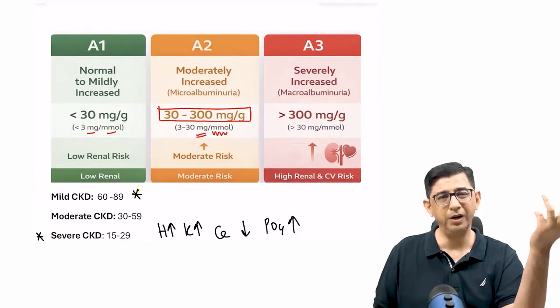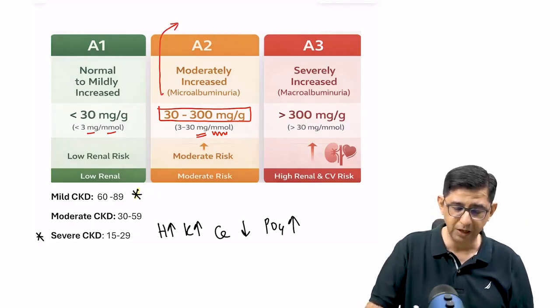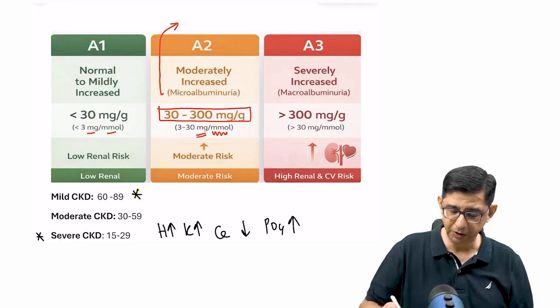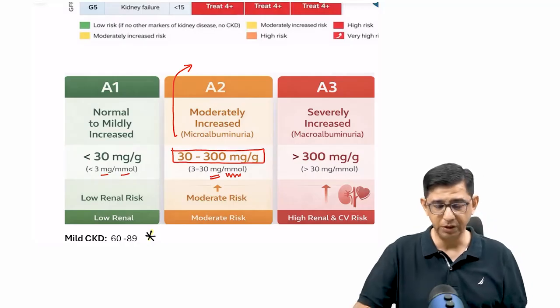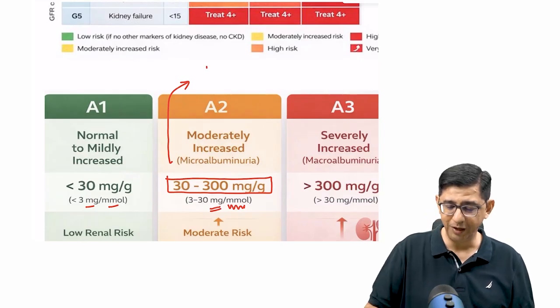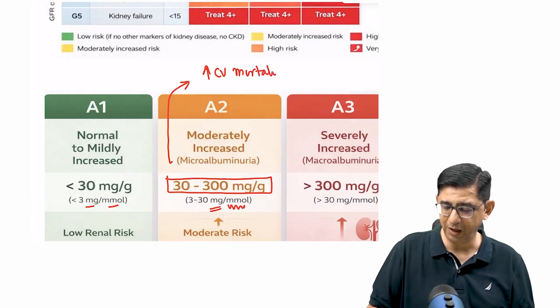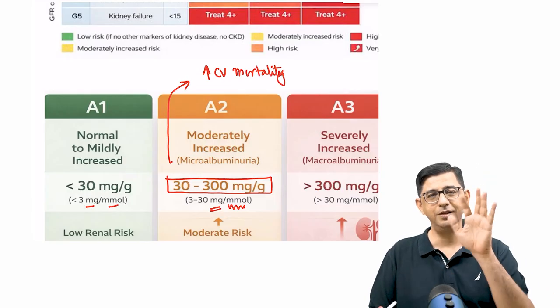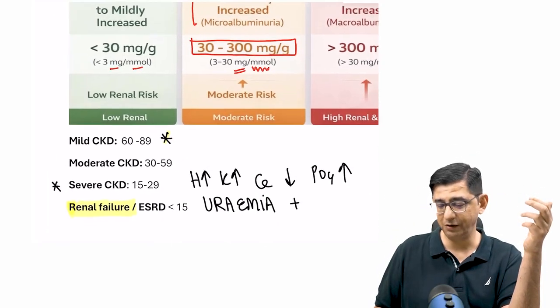The word microalbuminuria itself is a test that tells you that in your patient there could be a possibility of damage. Microalbuminuria increases the risk of cardiovascular mortality in the patient. CV mortality is increased. All through the discussion, we are talking about uremia, and the cause of death would be answered as CV mortality.